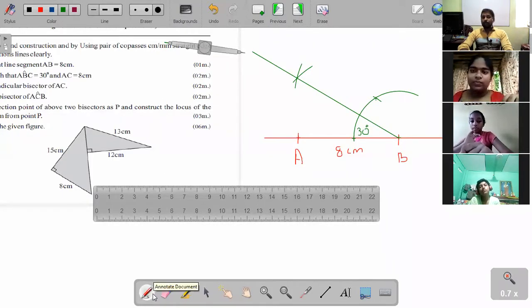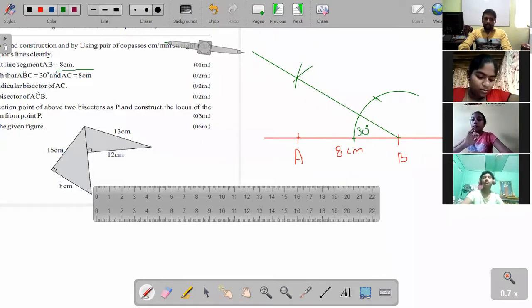Where do you have to keep the point C? This position, this position, here? Which position? We can't decide that yet. Correctly, how can you find C? AC equals 8 centimeters.